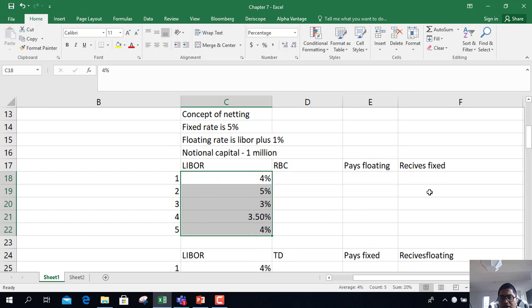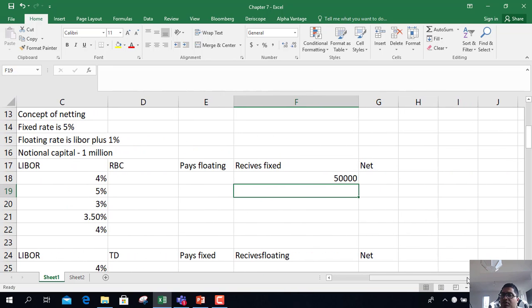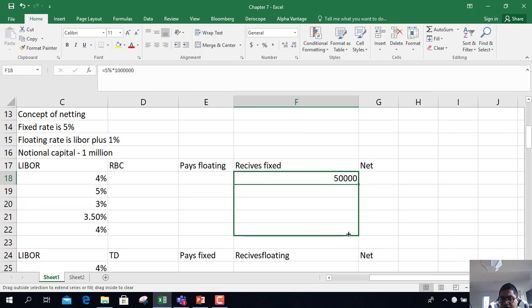We are assuming annual compounding for simplicity. So every year it is going to get 5% on a notional principal of $1 million. So $50,000 it's going to receive from the swap. Each year it's going to receive a fixed value of 50,000.